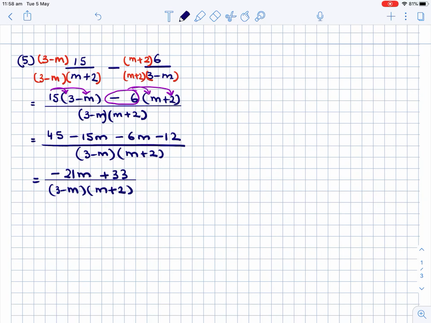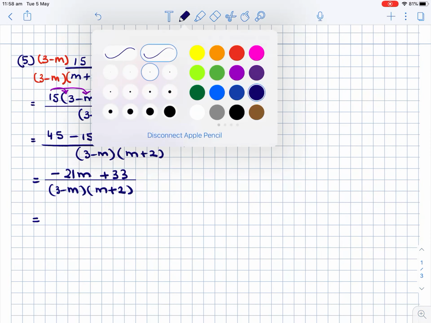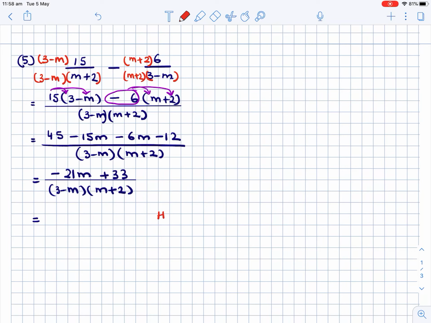Now this can be simplified further. If you look at the highest common factor of 21 and 33 is 3.